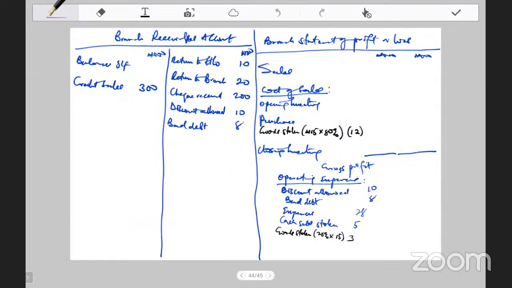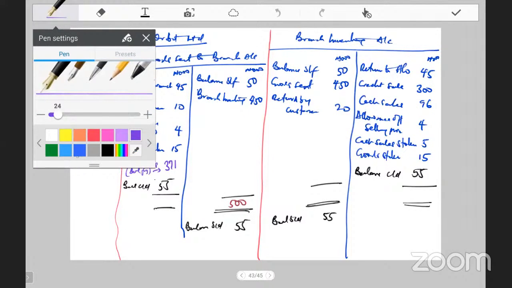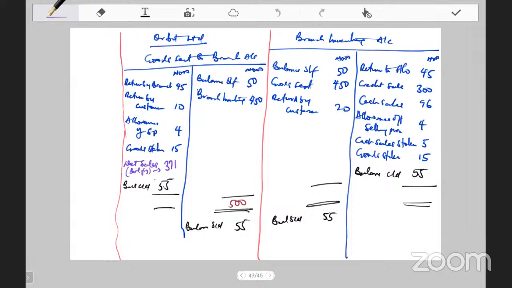So the sales is 371. Yes, sir. Thank you. Now can we get the total of the inventory? You get to see that the value should self-balance. That is 520. Can I get the amount on the debit side? 520, the amount on the credit side.